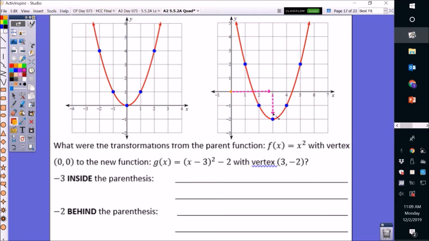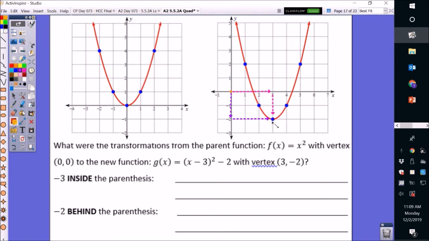Now, even though I went right 3, you can still go the other way. Instead of going right 3 first, you could have gone down 2 units and then right 3 units next, and you still end up at the same spot. So this is the vertex of g of x. And again, you still end up with the same destination.